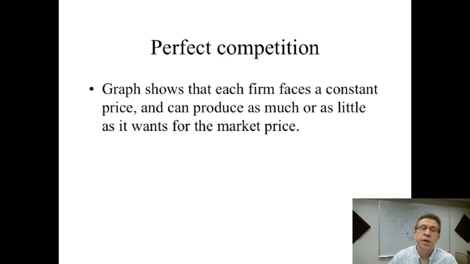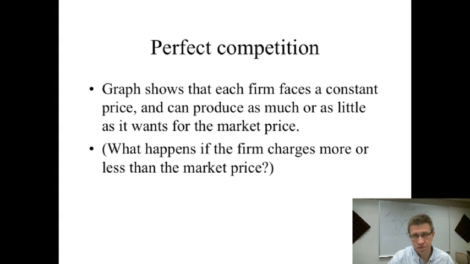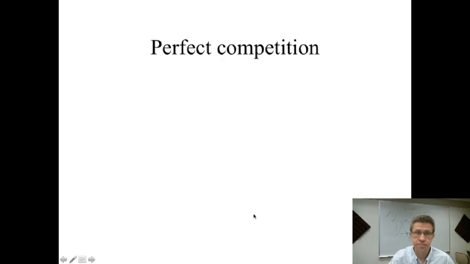So the firm can produce as much or as little as it wants at the market price. If it lowers it, it's still going to sell as much. It just will make a smaller profit per unit by doing that. So the firm's decision here is solely to produce the output, figure out what output will maximize profits.